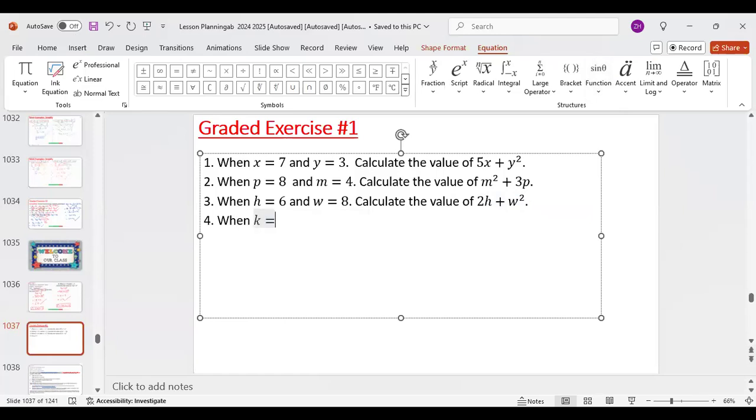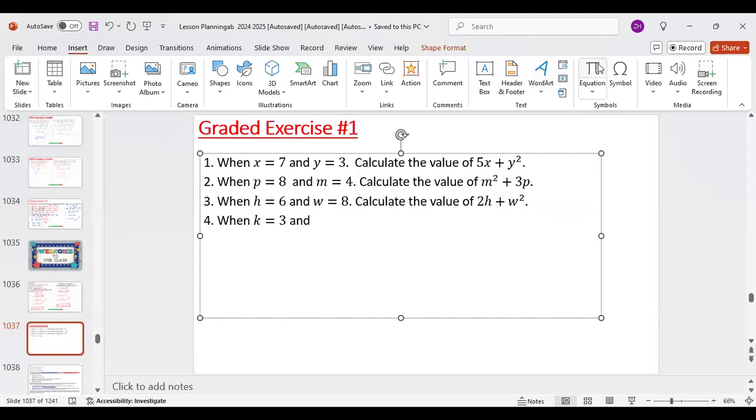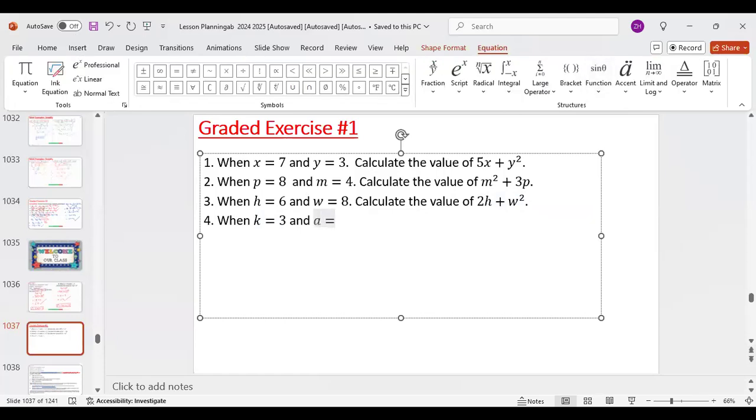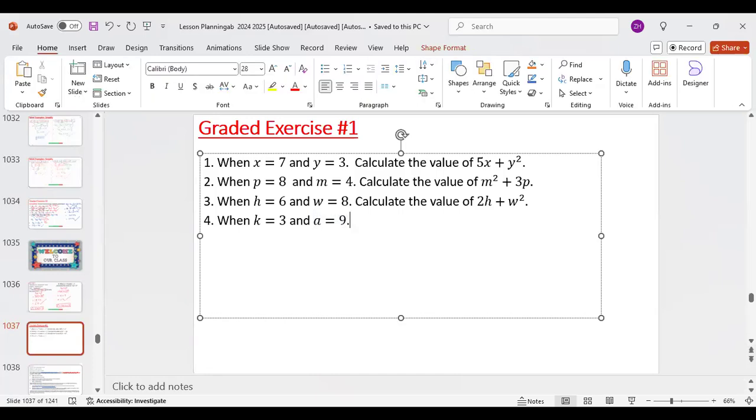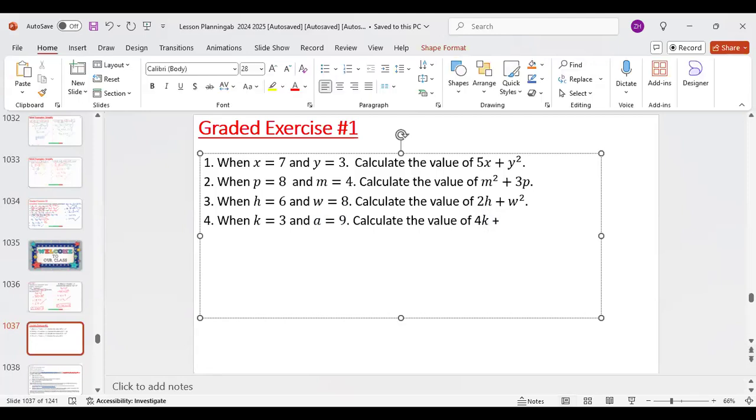When K is equal to 3 and A is equal to 9, calculate the value of 4K plus A squared.